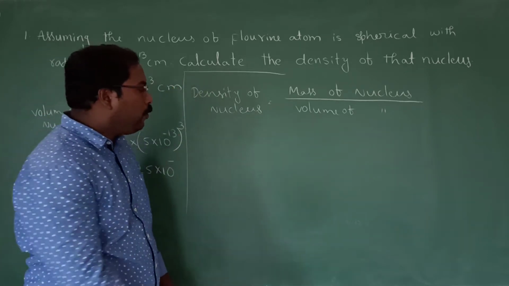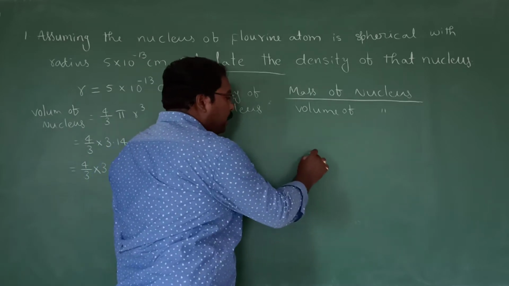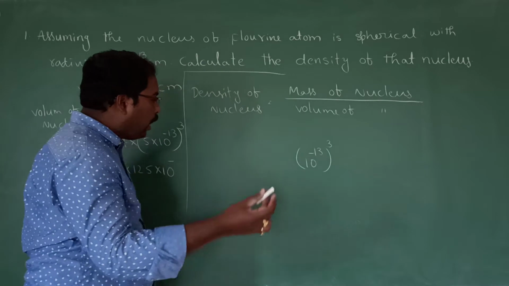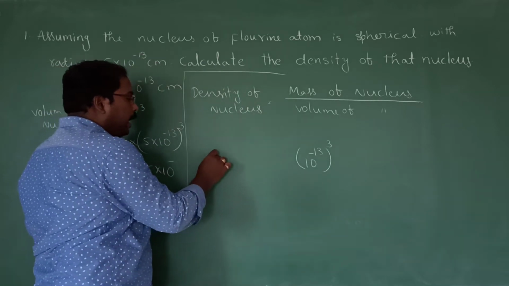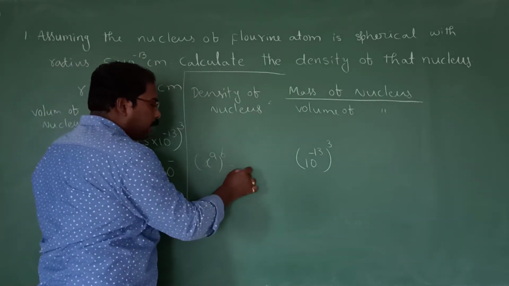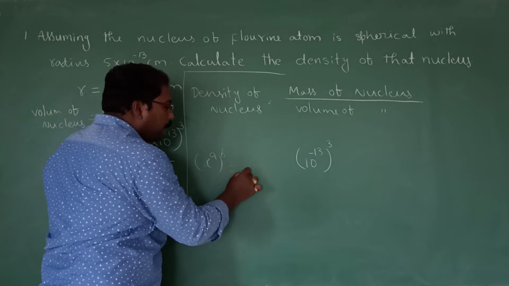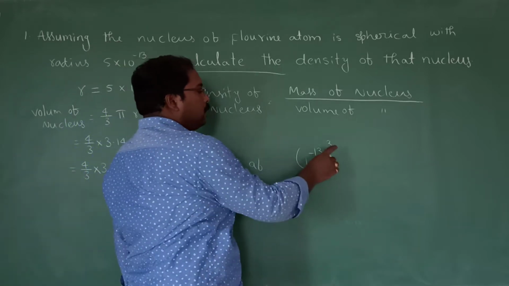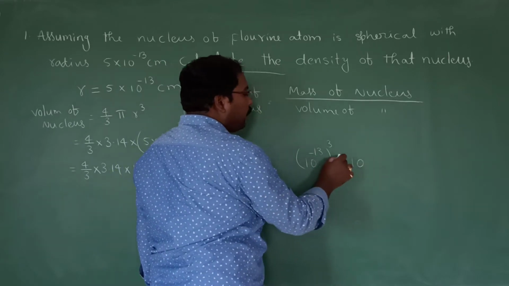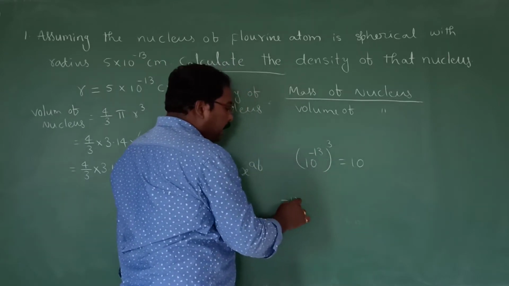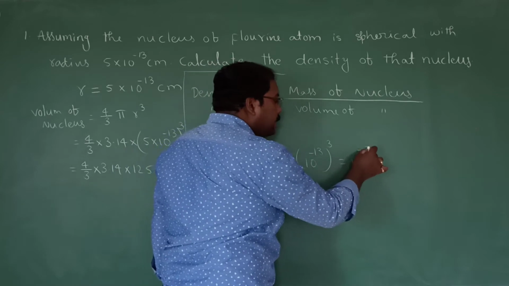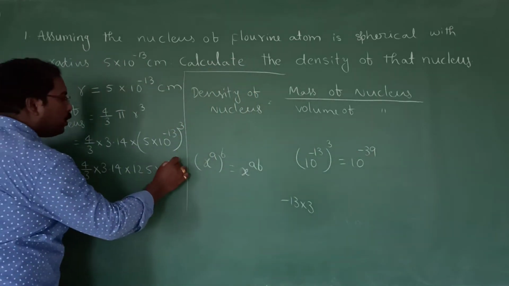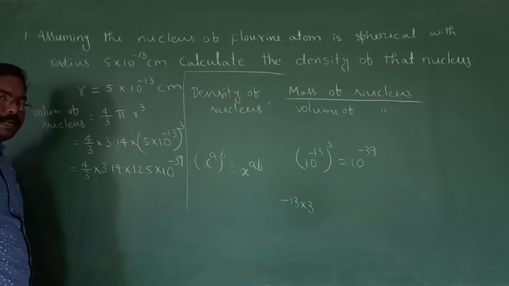How will you find that? We all know that x power a whole power b is x power a into b. So it is 10 to the power minus 13 into 3. 3 13s are 39. So it is 10 to the power minus 39.